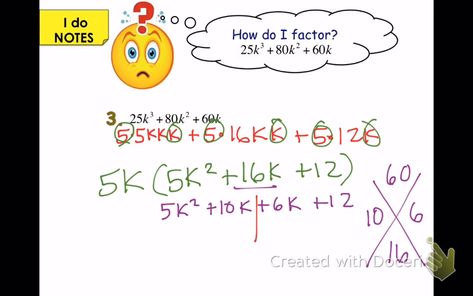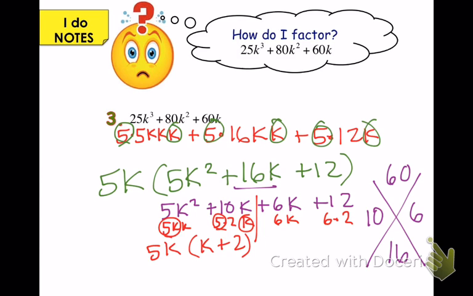So the numbers on the left are multiples of 5, so I'm going to factor out a 5 because this is a 5 times 2 and this is a 5 times 1. And we also have k's in common, so we're going to factor out a 5 and a k. So if I factor out the 5 and the k, I'm left with k plus 2. On the right side, these are both multiples of 6.